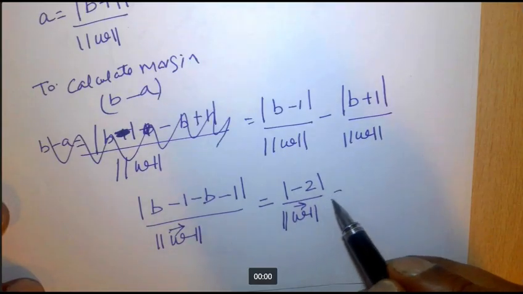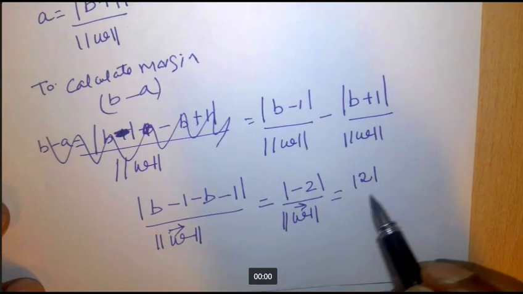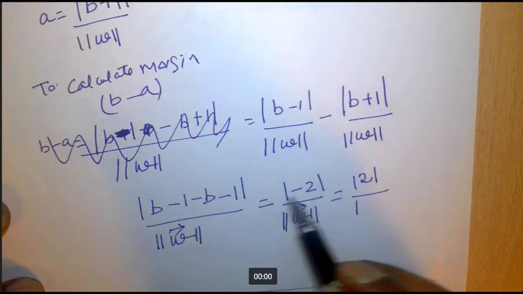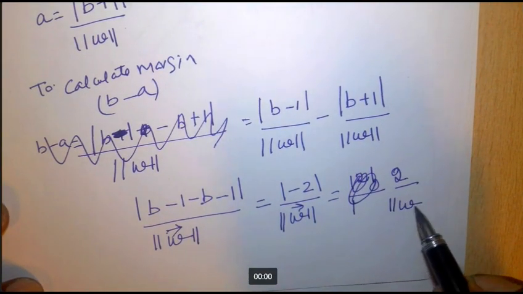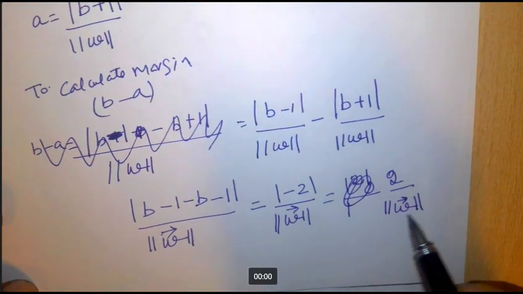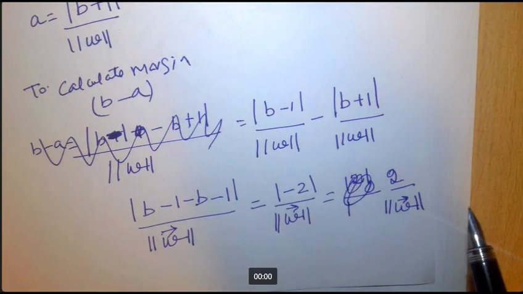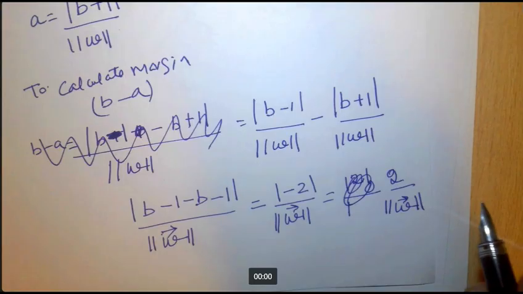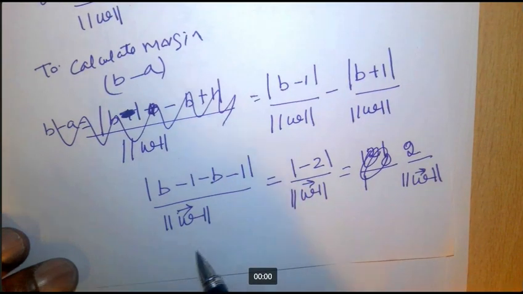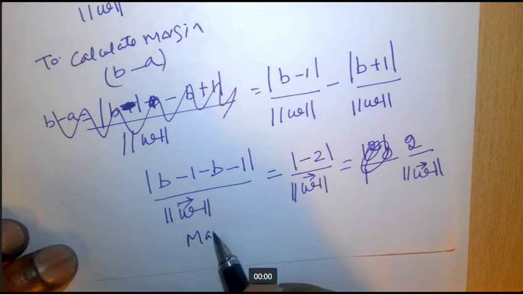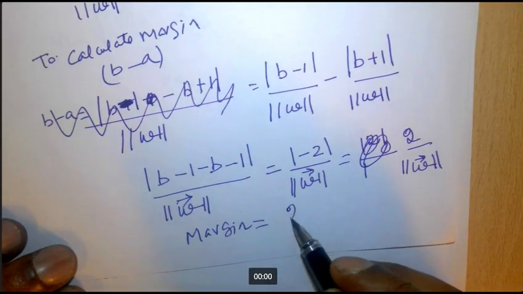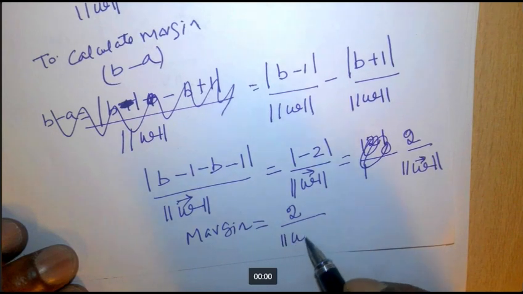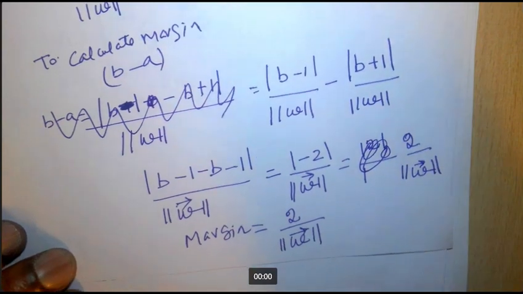Since you take the modulus, this will be just 2 divided by the norm of the vector w. This is what we tried to calculate, which we can call the margin, or the distance between the two support vectors: 2 divided by the norm of vector w.